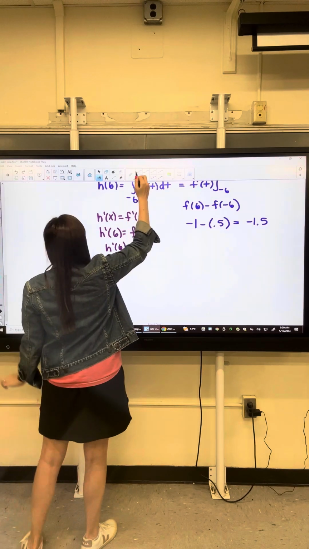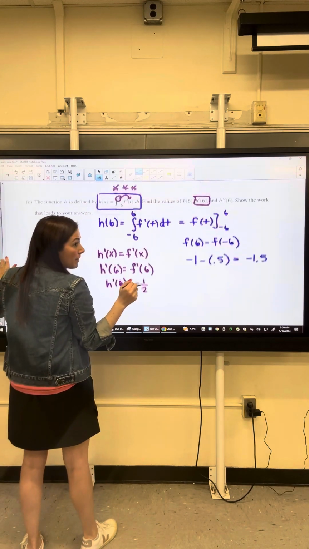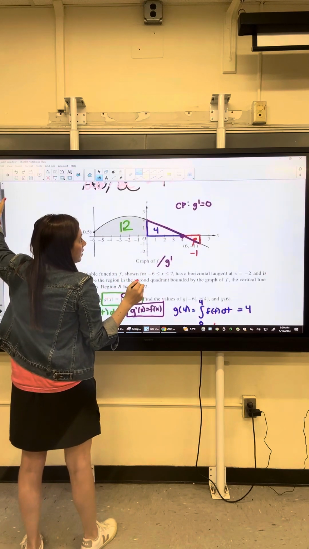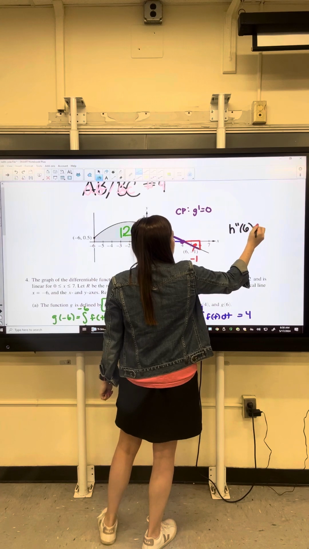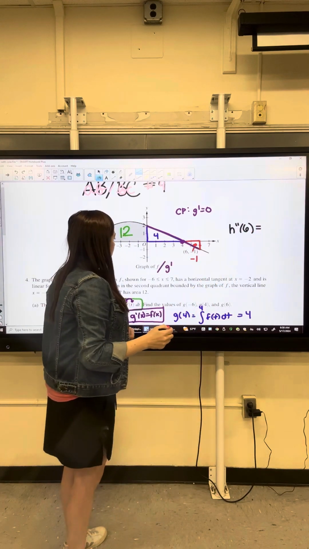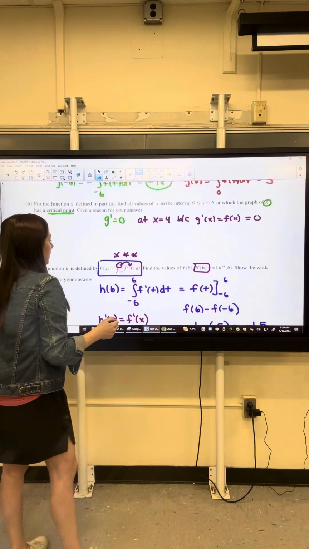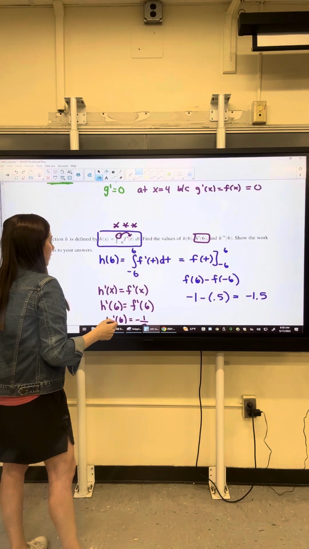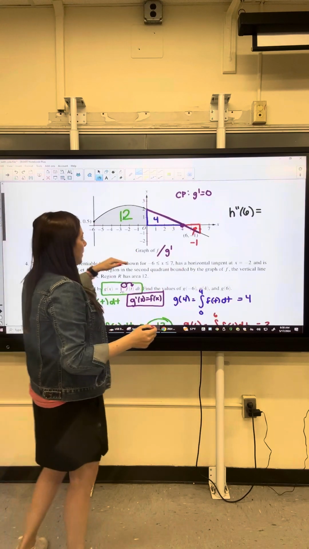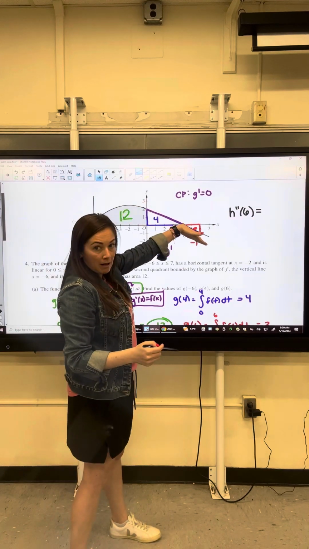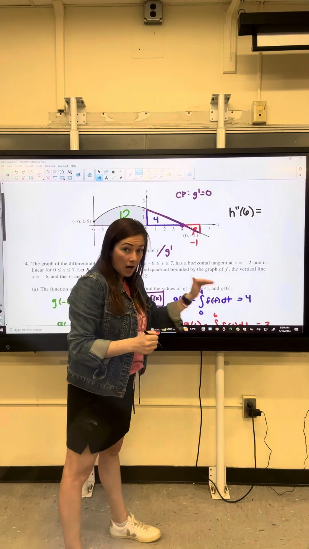And now this is where it got interesting. They want us to find h double prime of 6. I'm going to do that one up here so I can kind of explain it. H double prime of 6. So h prime would be the derivative graph of this. You have to think, if f is a straight line, then its derivative is a constant, okay?